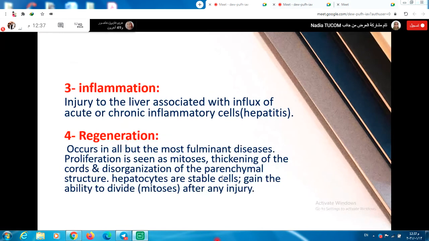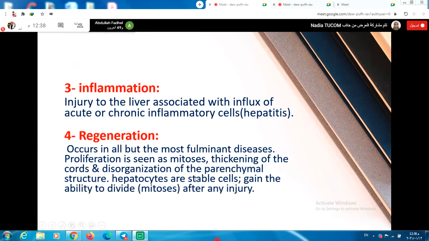Hepatocytes are a type of cell that are stable cells. Now, those we called labile cells. Stable cells, what are the stable cells? Those that regenerate or divide on need. Whenever there is a need, like the endothelial cells.